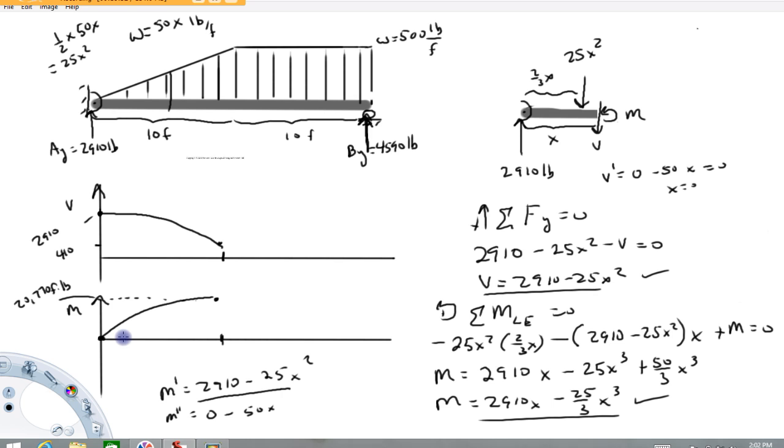Now, if I go back and take a look at this, if I look at where this thing is equal to 0, if I take that first derivative, set that equal to 0, this has solutions of x equals plus or minus 10.8.